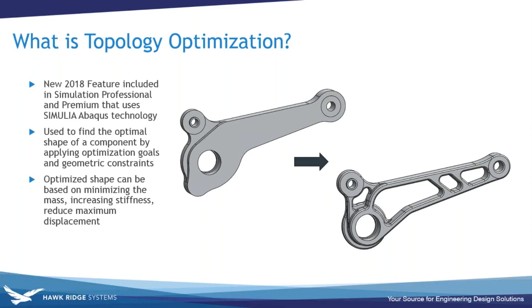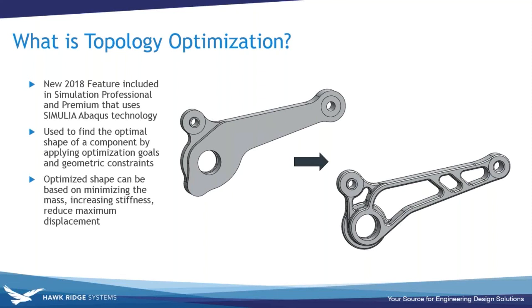So now that I have a better gauge in terms of whether you guys have used it or not, well, what is this new topology optimization tool? Well, in Simulation 2018, under the What's New capabilities, SOLIDWORKS introduced this new functionality that is now available within Simulation Professional and Premium.